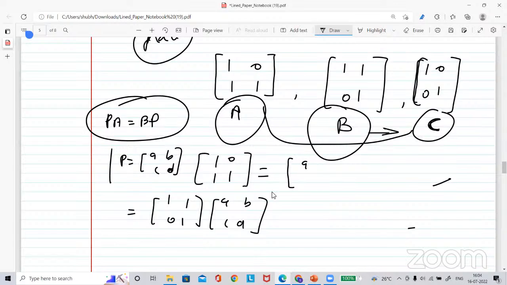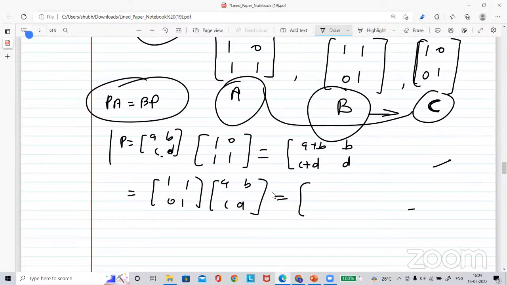This is A, and this is A plus B, and this is B only. This is C plus D, and this is D only. Similarly here, this is A plus C, this is B plus D, this is C, and this is D. My multiplication is correct.